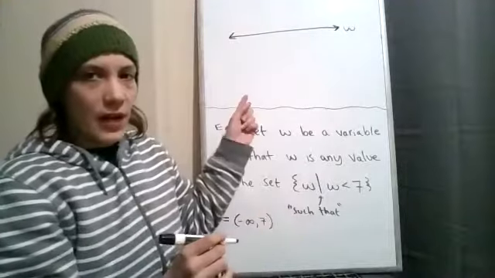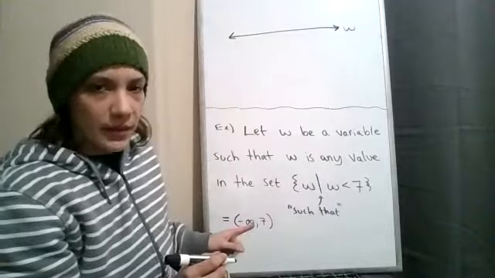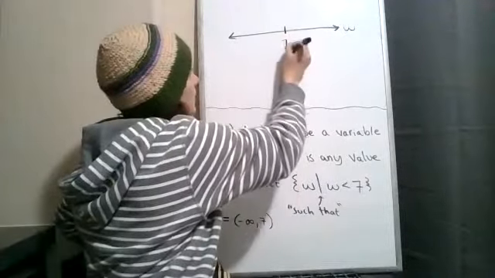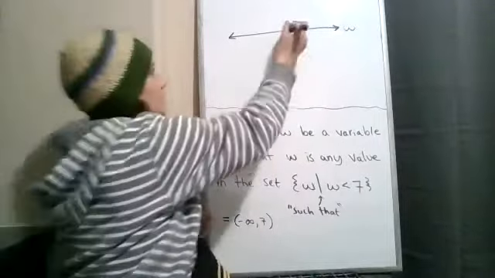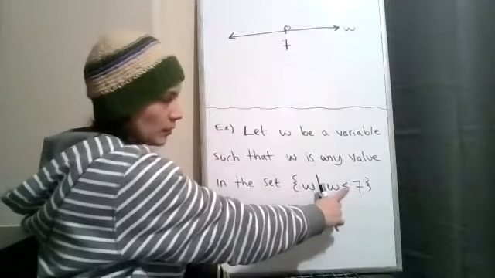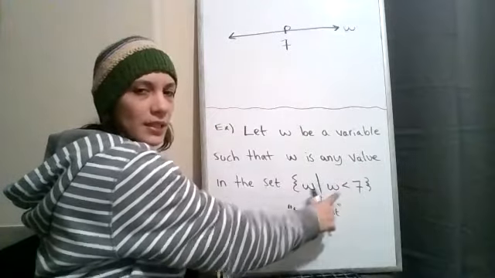Okay, here's your graph, and we're going to mark 7. Don't include 7. It's a strict inequality right here. And all numbers less than 7.